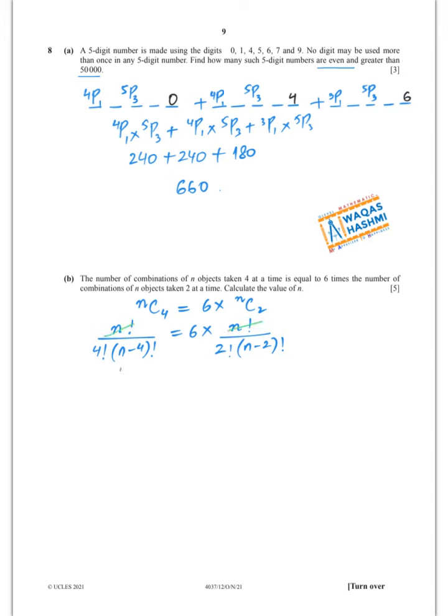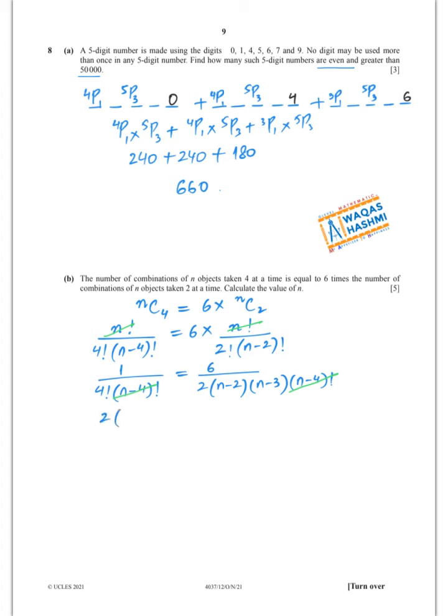The leftover part is 1 divided by 4 factorial into n minus 4 factorial equals 6 divided by 2. n minus 2 factorial can be written as n minus 2, n minus 3 and n minus 4 factorial. Now, when you expand this bracket, you can cancel n minus 4 factorial and n minus 4 factorial, right?